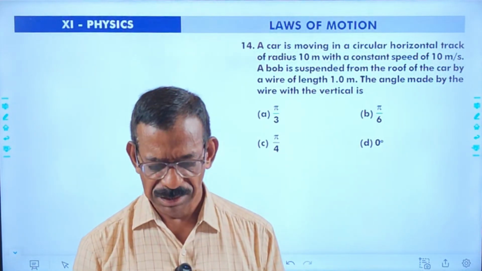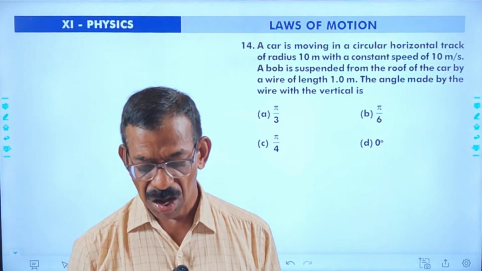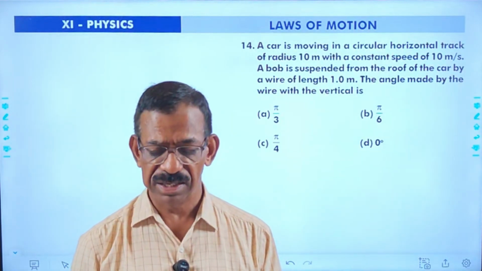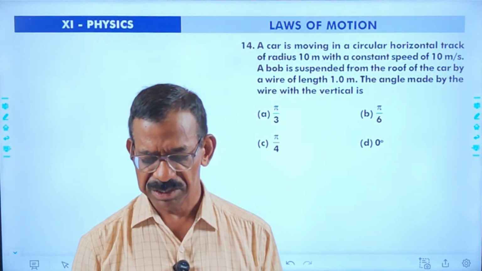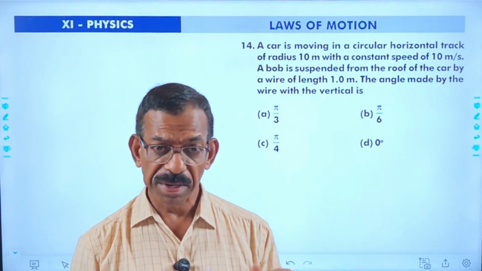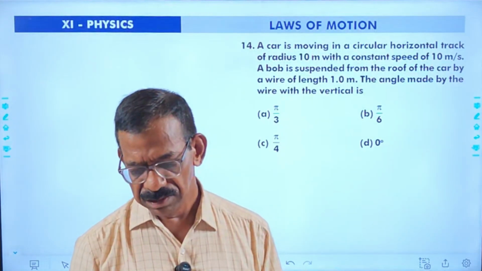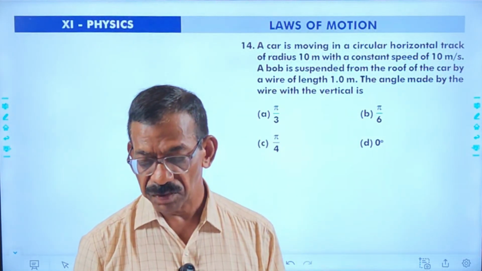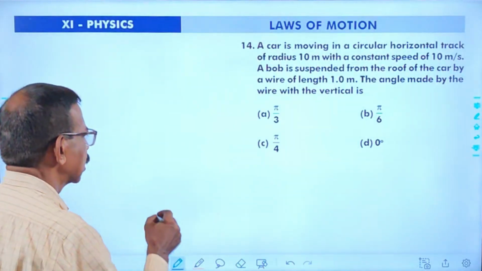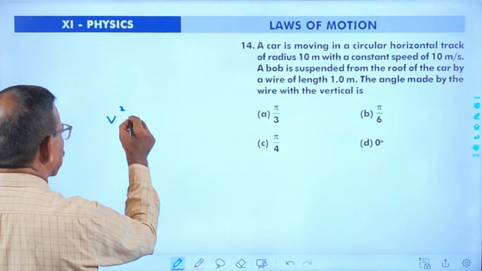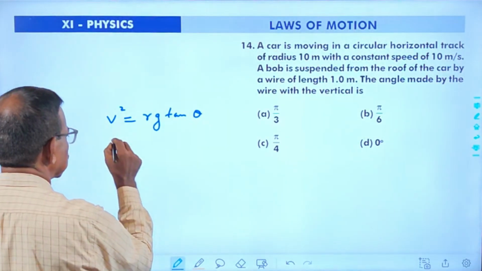A similar question. A car is moving in a circular horizontal track of radius 10 meter with a constant speed of 10 meter per second. A bob is suspended from the top. It will bend like this, and we need the angle made by the wire with the vertical. We have the relation v square equals rg tan theta.